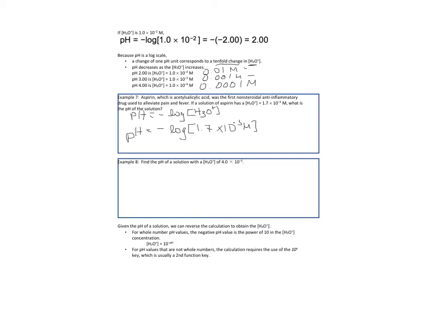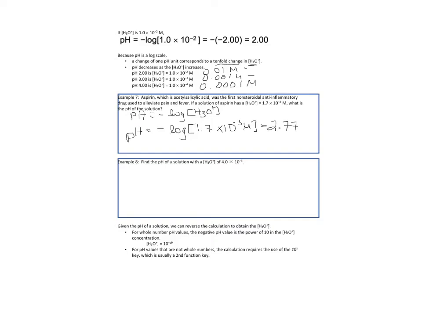Okay, when typing this into your calculator, if you're using a Texas Instrument, one of the newer models, you should be able to type in the negative sign, then hit the log button, and then type in your number in scientific notation. So 1.7 times 10 to the negative 3 should give you a pH of 2.77. If you're using an older model, some of the older models, you can't type in the negative sign first, right?